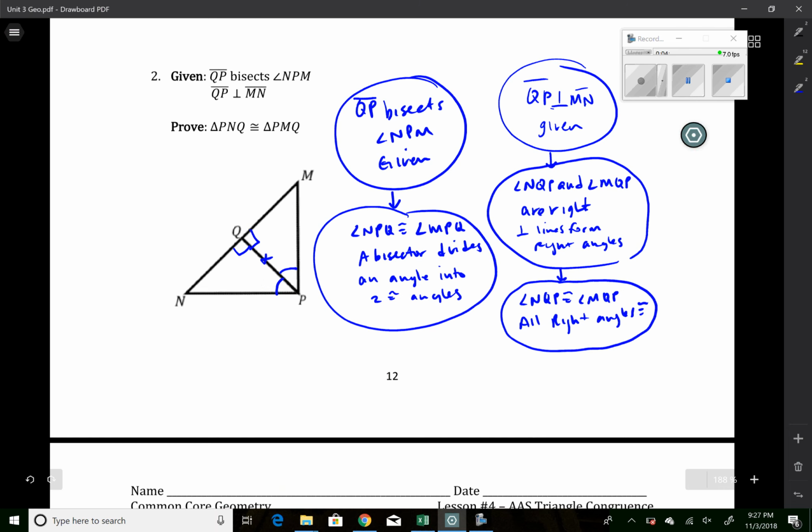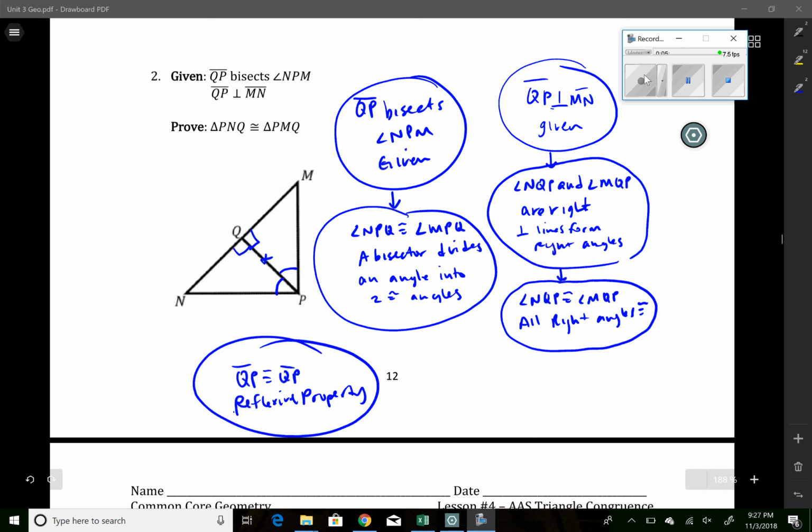So now you can say QP is congruent to QP because of the reflexive property. And then that will lead us to be able to say triangle PMQ is congruent to triangle PNQ by angle, side, angle.